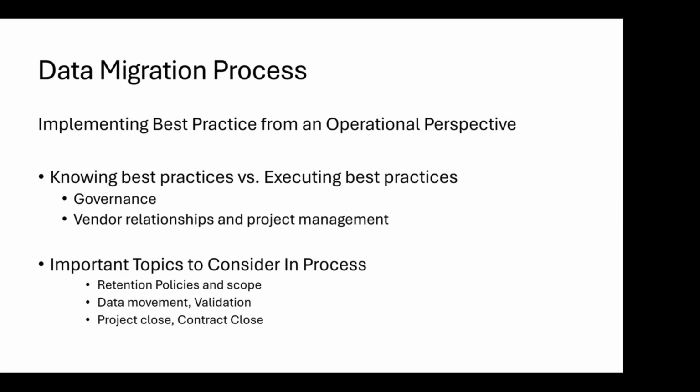And then it's also important to talk about project closure and contract closure. I'll hint at it again in later slides, but because this is a project, it should be associated with a statement of work, which is really a contract between the two parties, making sure that here's how we're going to do it, here's what we're going to do.